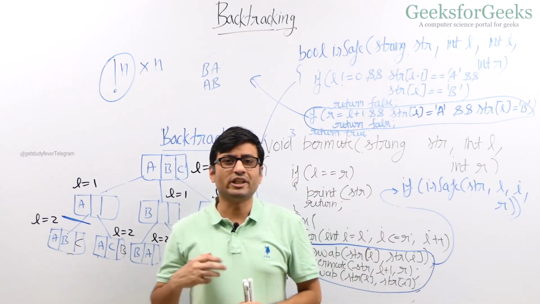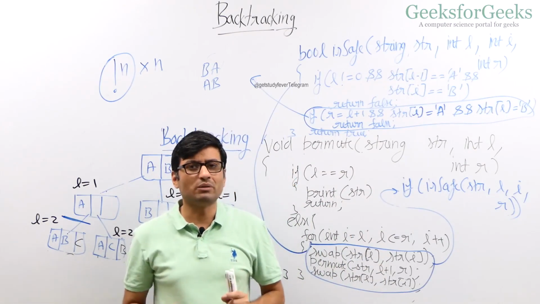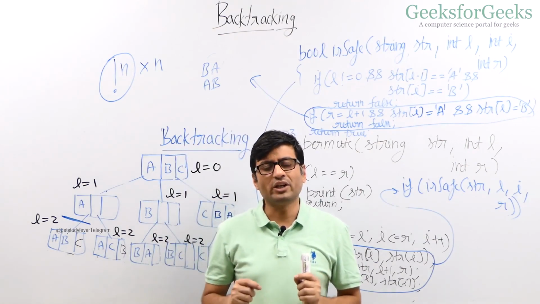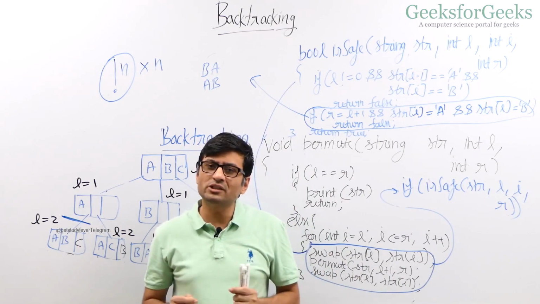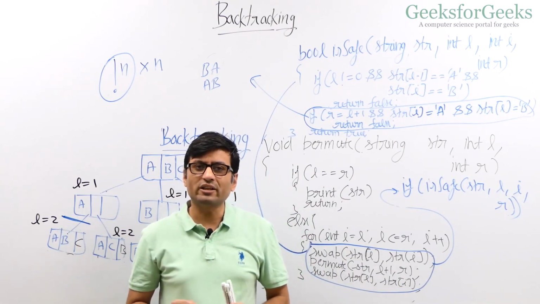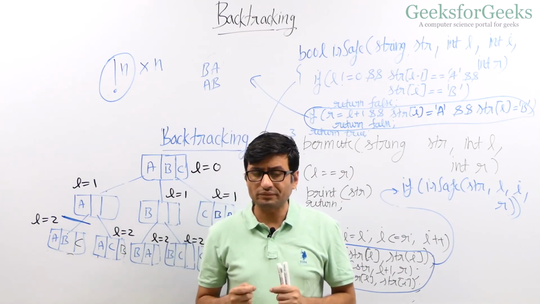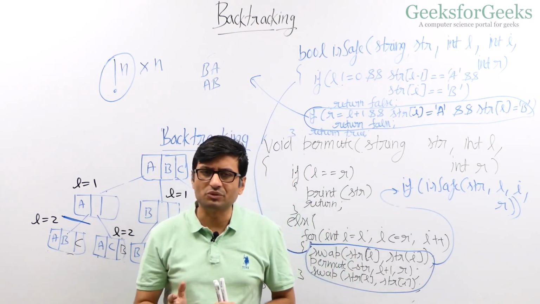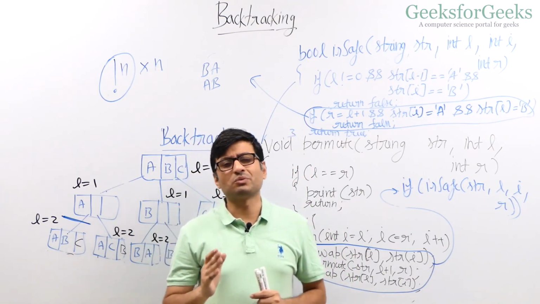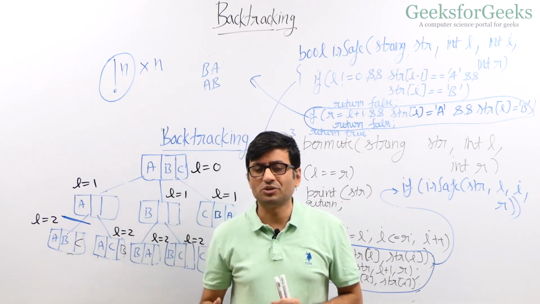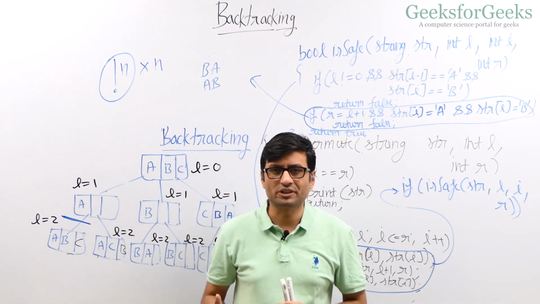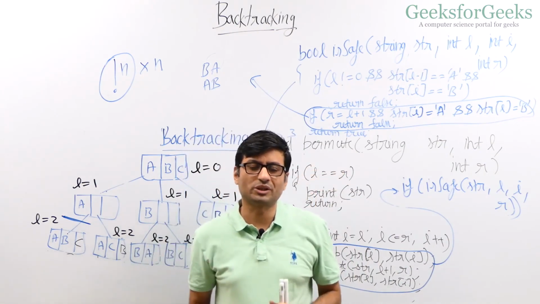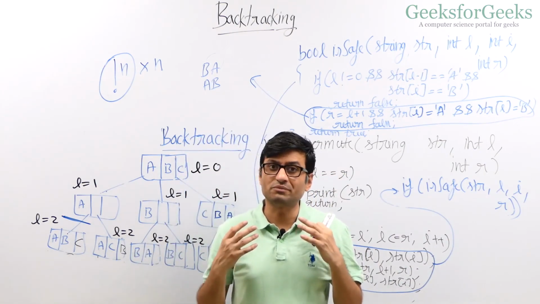For example, take the n-queen problem. You are given an N cross N chessboard, and you want to place n queens on this chessboard such that they do not attack each other. So you basically want to generate all possible permutations of these queens and then see which one of them is not attacking each other, and you just return one of such permutations. You can again write a naive solution which generates all possible permutations and then checks which one of them is valid.